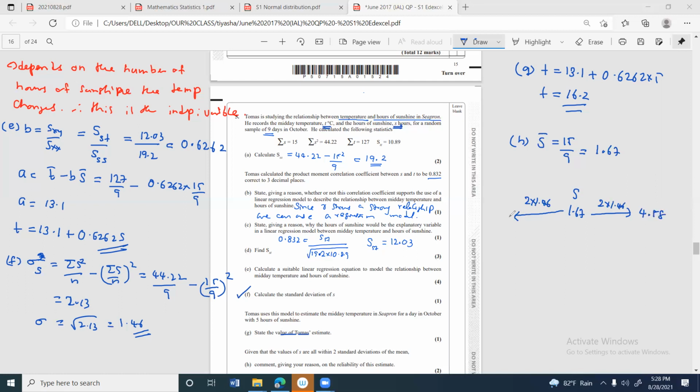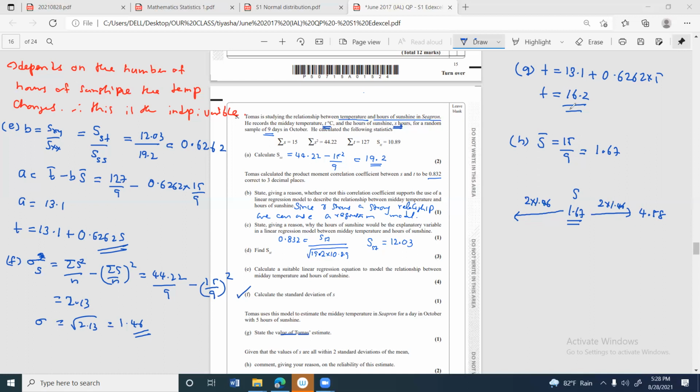The negative side is not that appropriate, because they mentioned that the value should fall within 2 standard deviations from the mean. The mean value is 1.67. If you go 2 standard deviations to the greater side, it is 4.58. But here the value is pretty large.